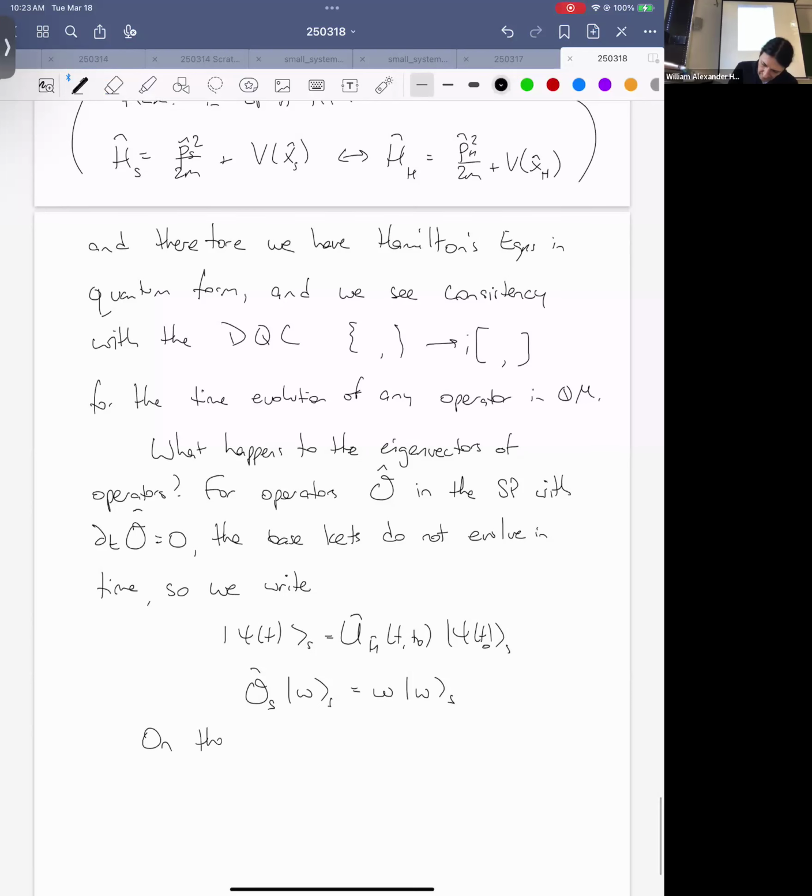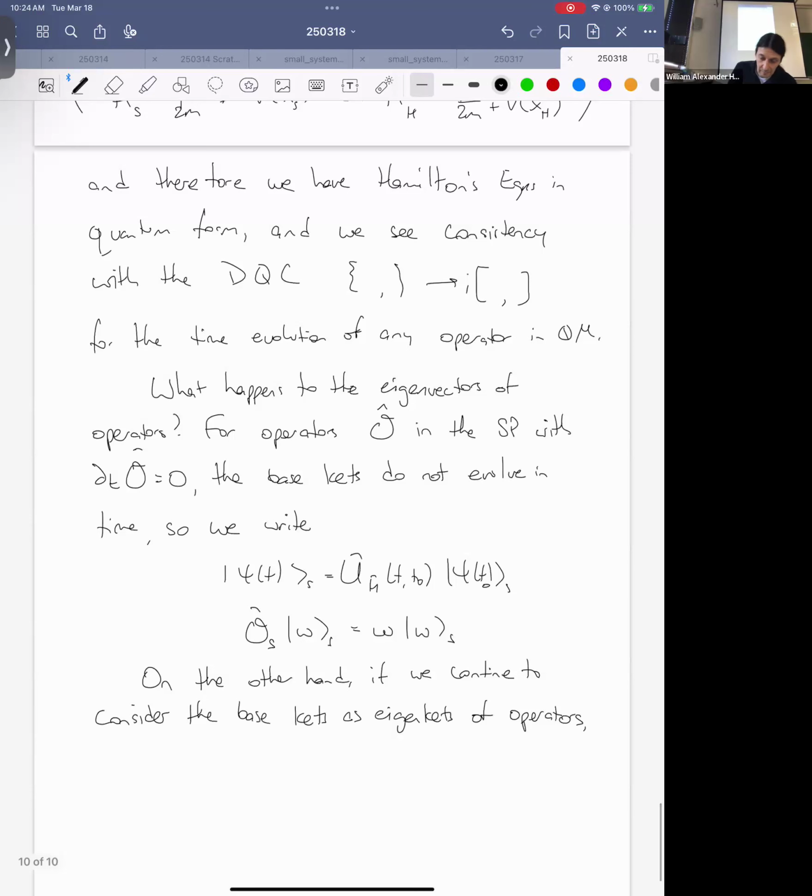On the other hand, if we continue to consider the base kets as eigenkets of the operators, then the base kets in the Heisenberg picture must pick up time dependence.